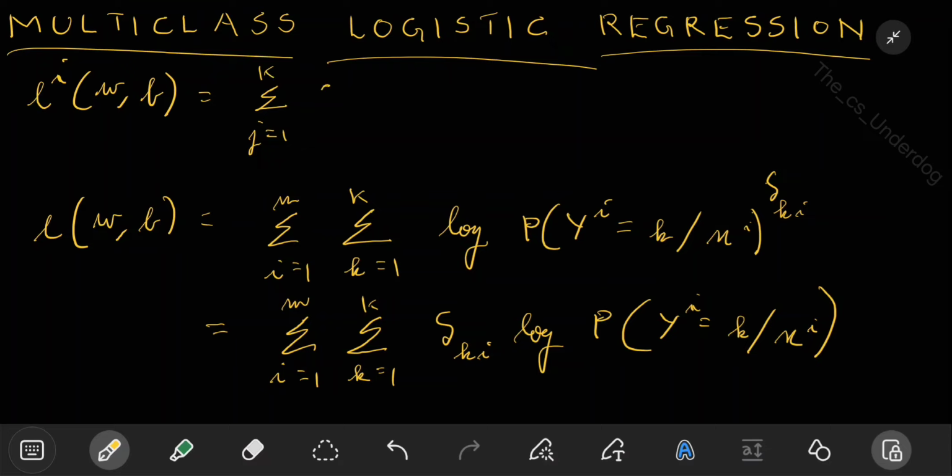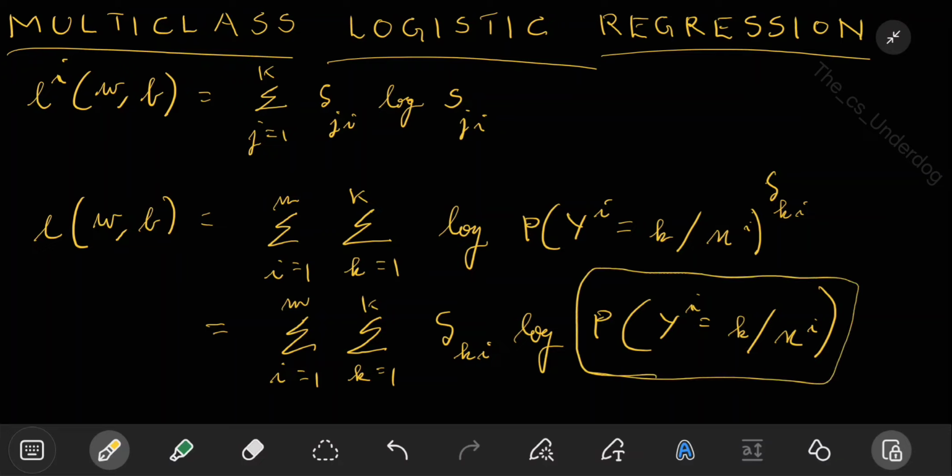So it will be delta ji log of the probability of yi is equal to, instead of writing all these things, let me simply write it as the sigmoid function Sji.